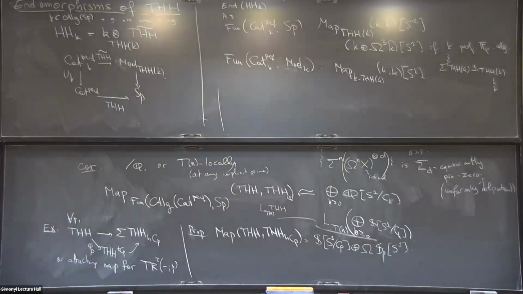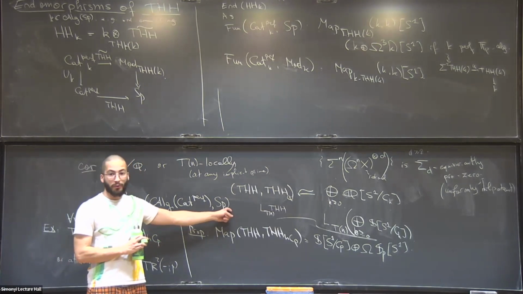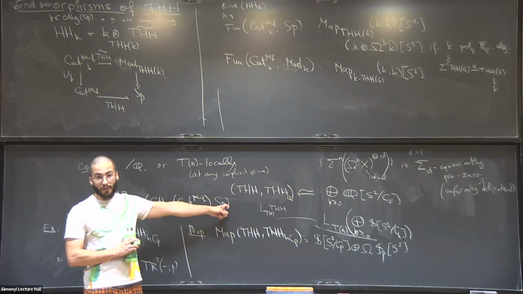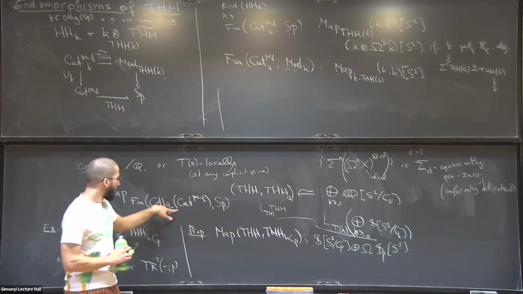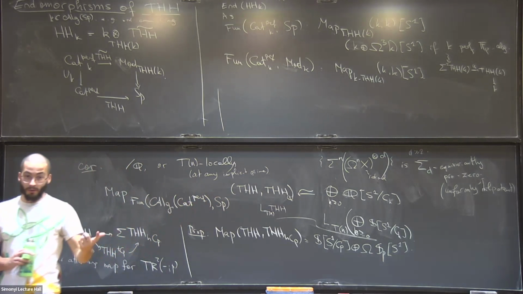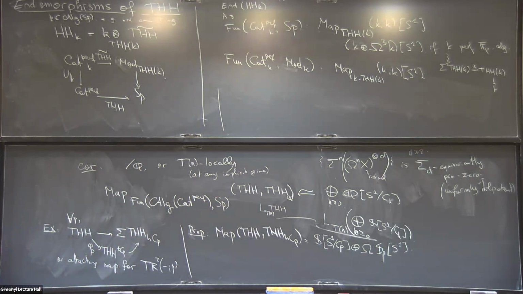The question was what will be the answer if you replace the word spectrum by the word filtered spectra, where the filtration you put on THH is the even filtration. Oh. Because THH of a symmetric monoidal category is in particular a commutative ring spectrum that has an even filtration.